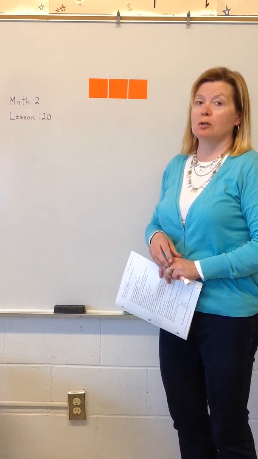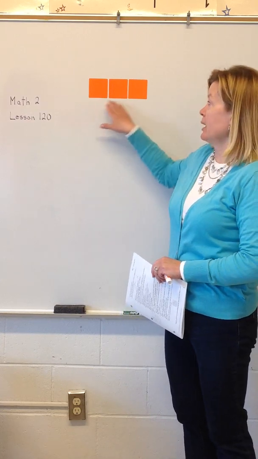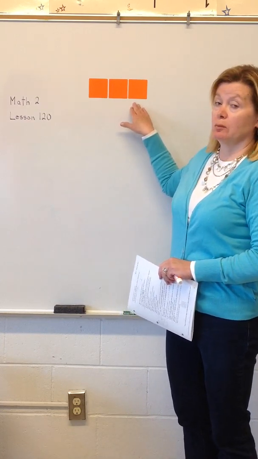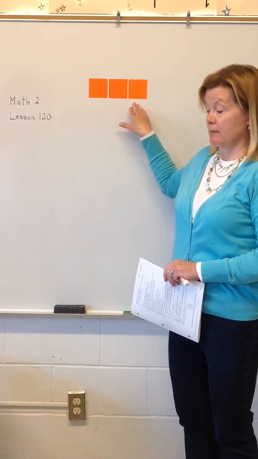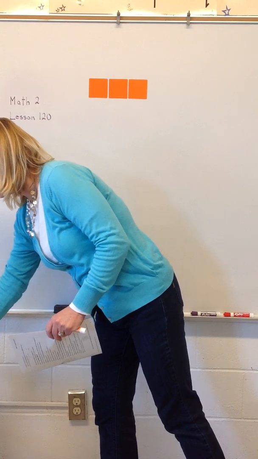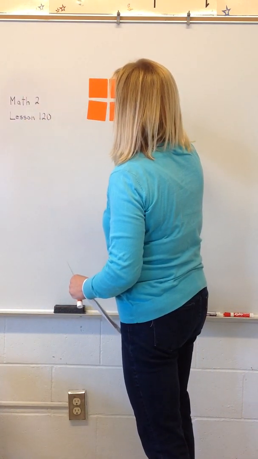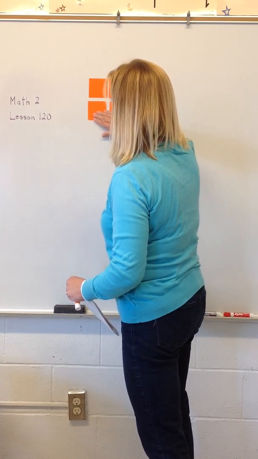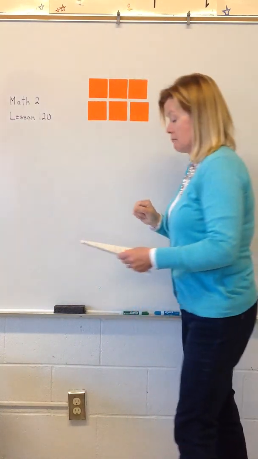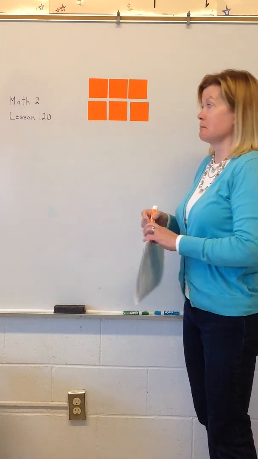This morning you are going to learn how to multiply by 3. That's why I have the 3 orange pattern block squares up here. So I'm going to add 3 more. How many tiles is this all together? 6.